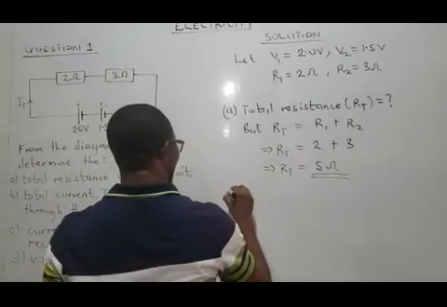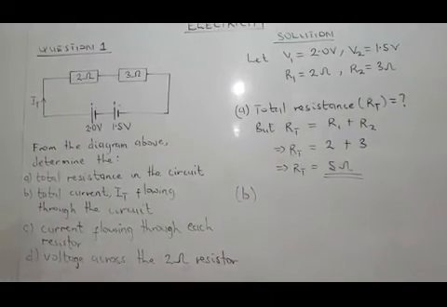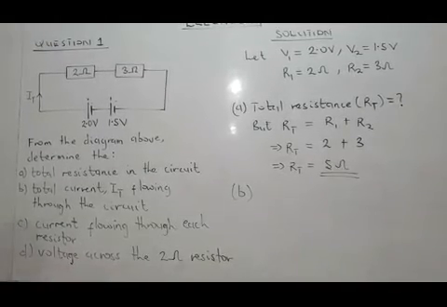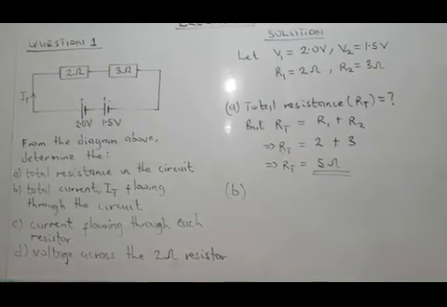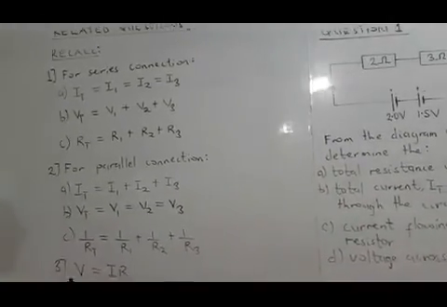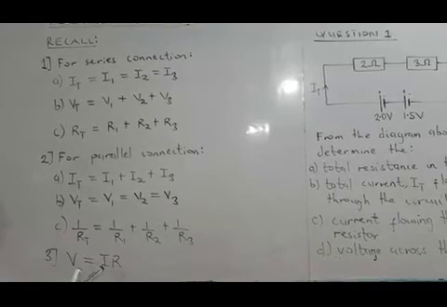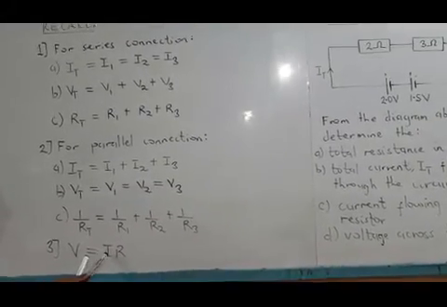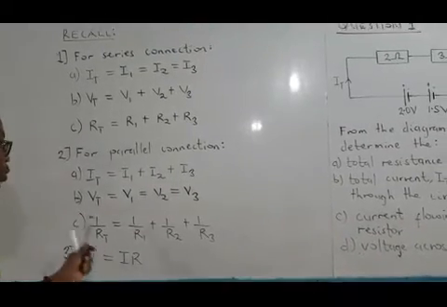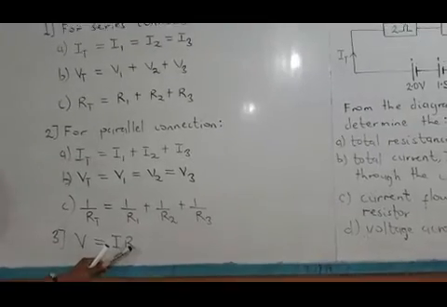Now the second question asks us to find the total current flowing through the circuit. If you remember from Ohm's law, V is equal to IR. If you make I the subject, I will be equal to V over R. So for you to determine the total current, you need the total voltage and the total resistance in the circuit.